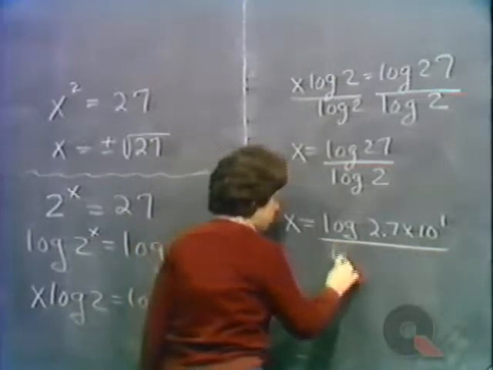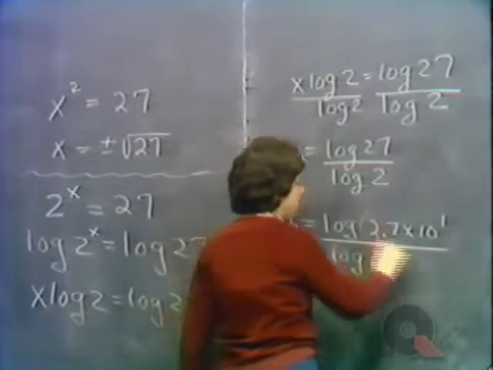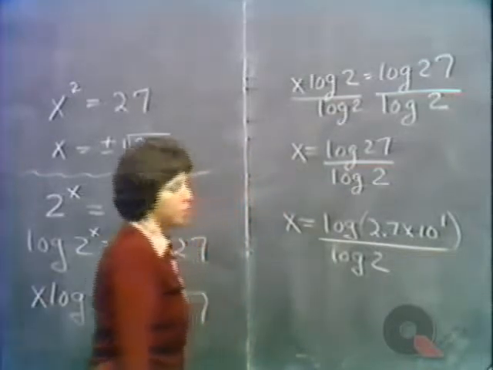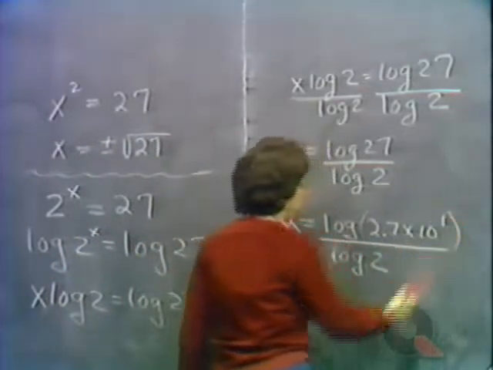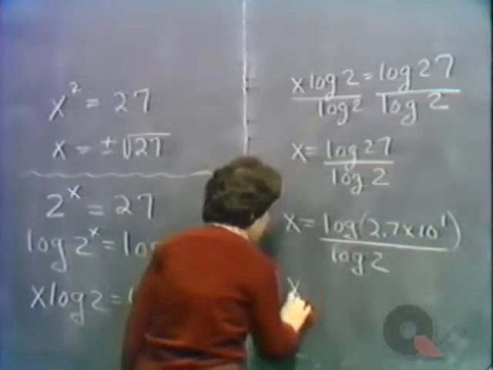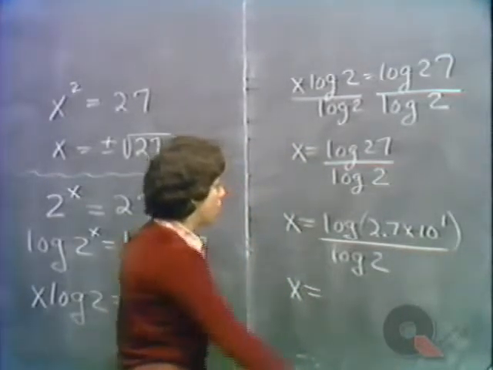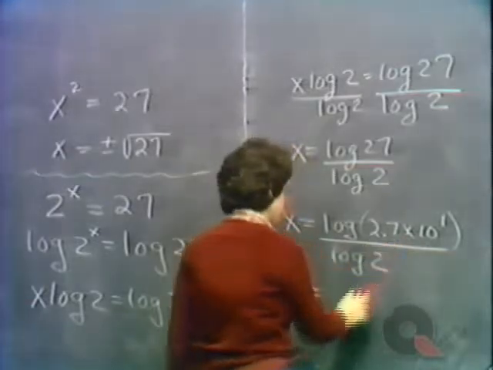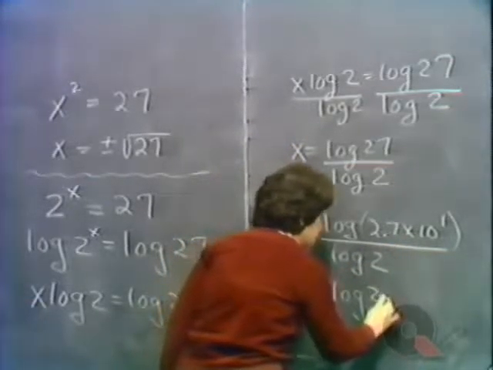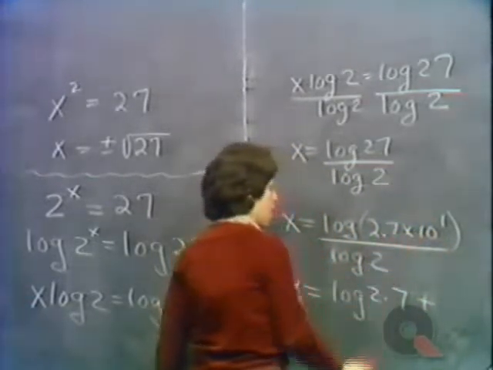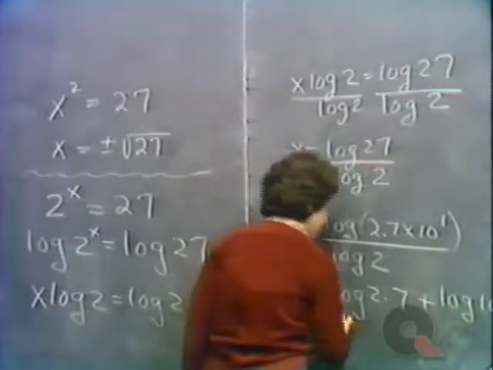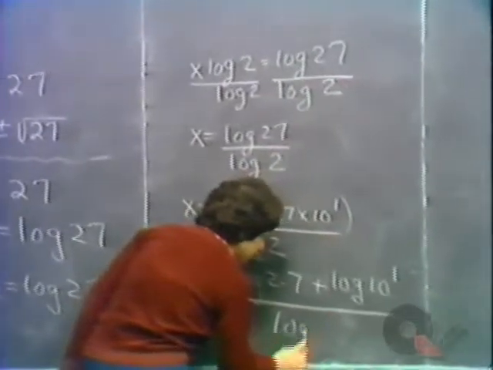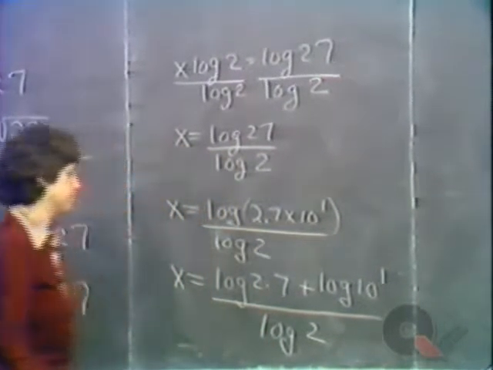In other words, the idea is we have to write it as the log of a number between 1 and 10, that's what our tables are good for, times 10 to some power. So we have here the log of 2.7 plus the log of 10 to the first power, divided by the log of 2.